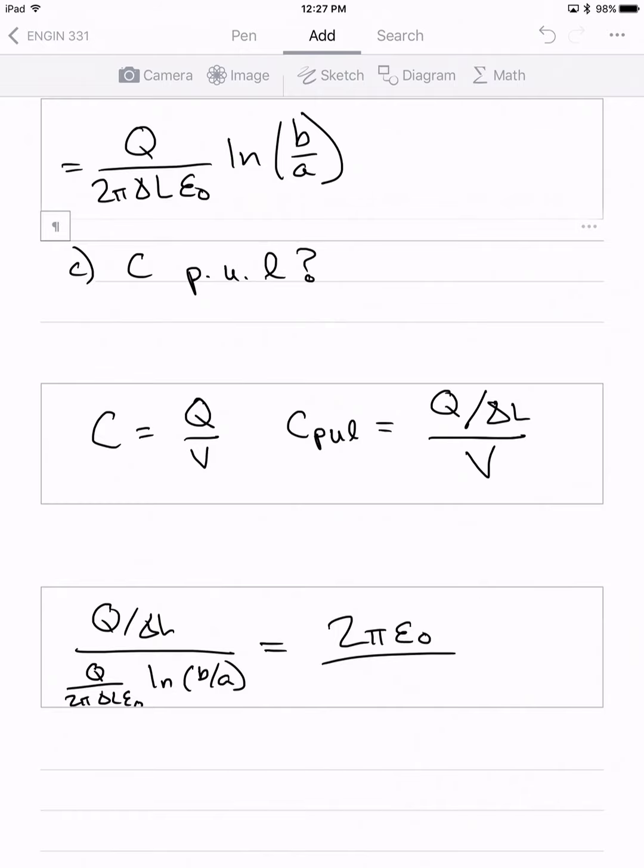Sorry about that. Yep. And that's all there is to it. So that is our capacitance per unit length.